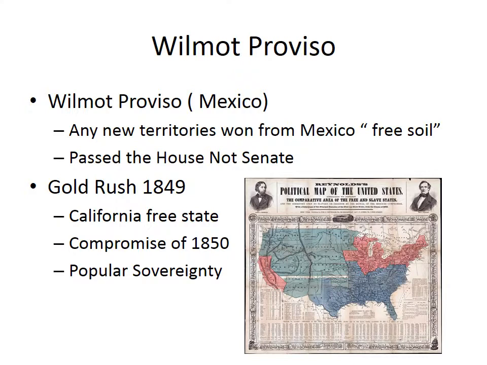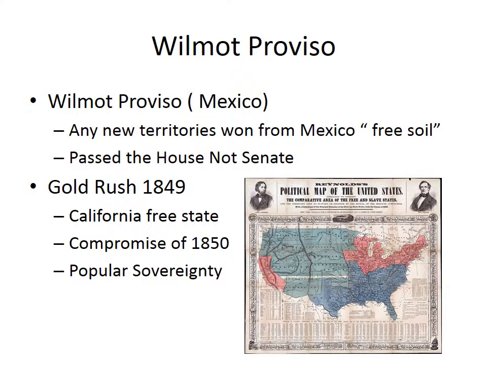The Wilmot Proviso passed the House, of course, because the House has more northern, more free state representatives, but it can't pass the Senate. But it did reconfirm that it's going to be a fight with every state that asks to be admitted to the Union. Even though we've made the Missouri Compromise, we still have all of this other western territory that we're going to have to fight over.